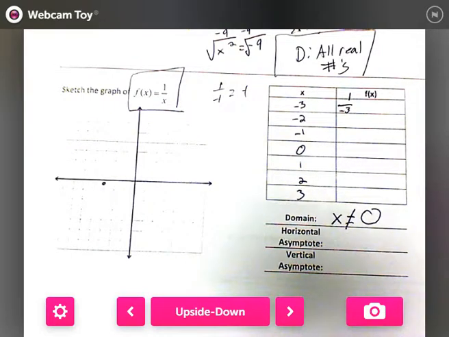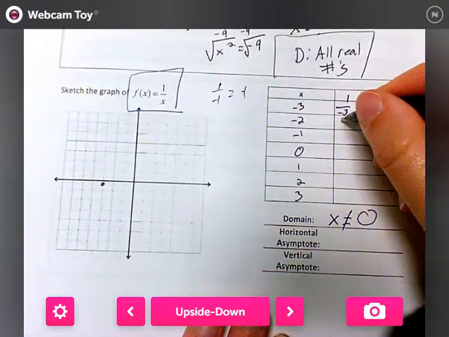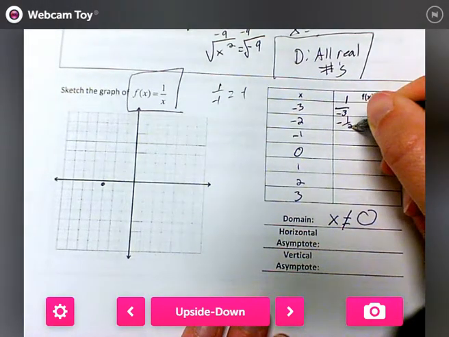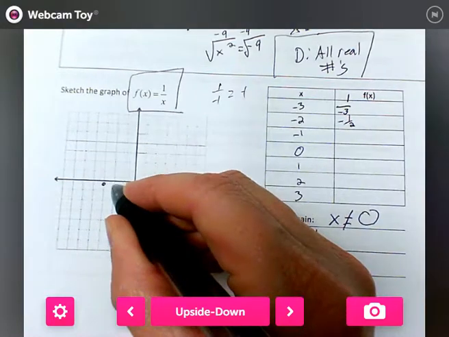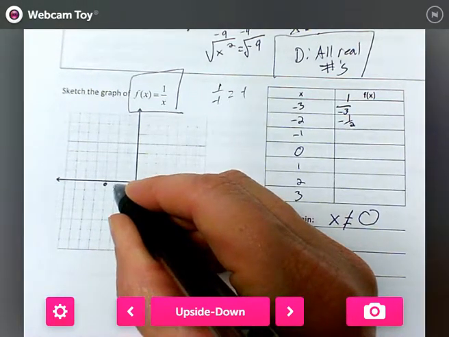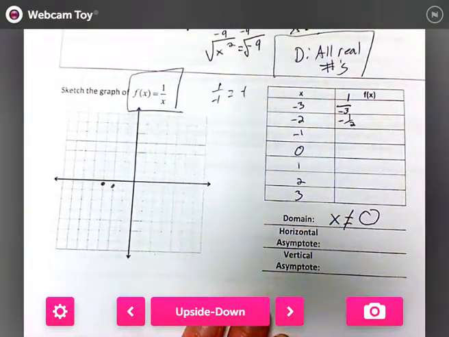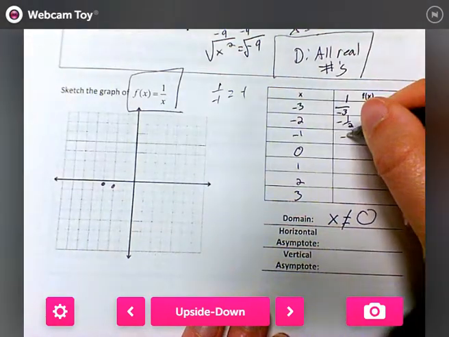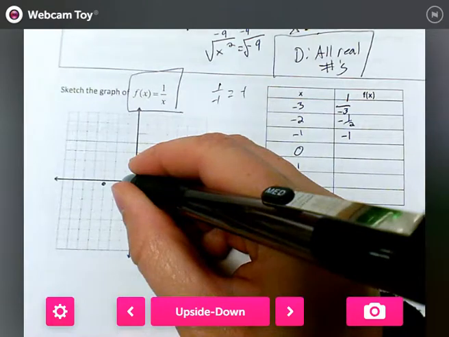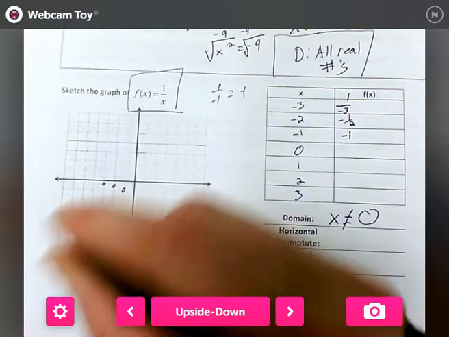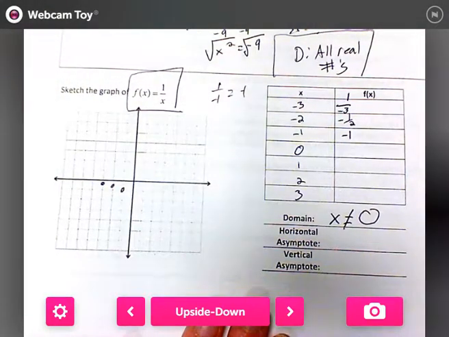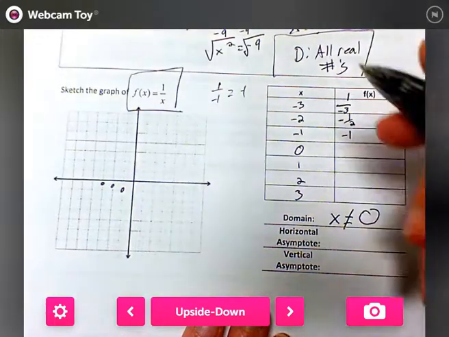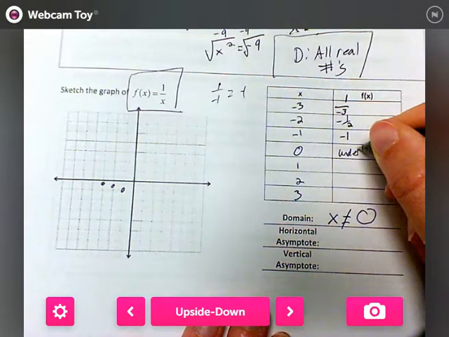Plotting that first point, you guys are okay? Are you going to plug the number into the equation? Yes. So the next one I get -1/2. So for -2, I'm down 1/2, so a little bit more than 1/3. For when I plug in -1, I get -1. At 0, I'm undefined though, right? Yep.